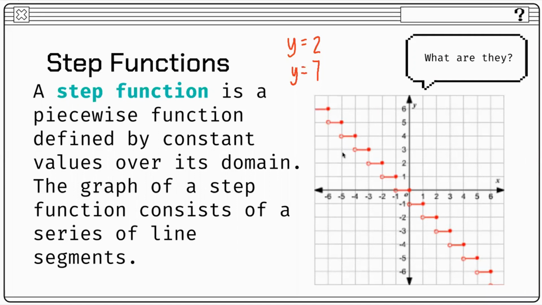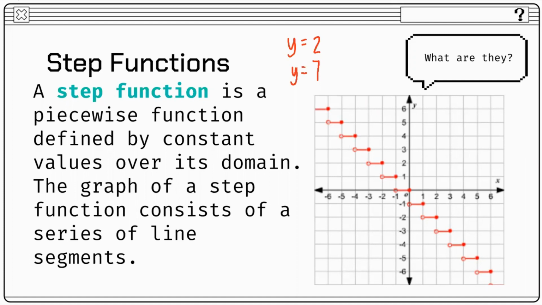In this case, the domain is going to be in the format of a compound inequality. And if you recall anything from compound inequalities, you might remember that there's two different kinds. One of them is going to be connected with the word or, and those are two different inequalities that are pointing in different directions.